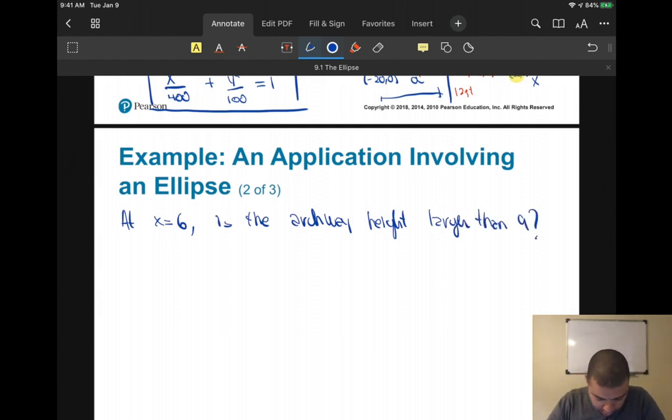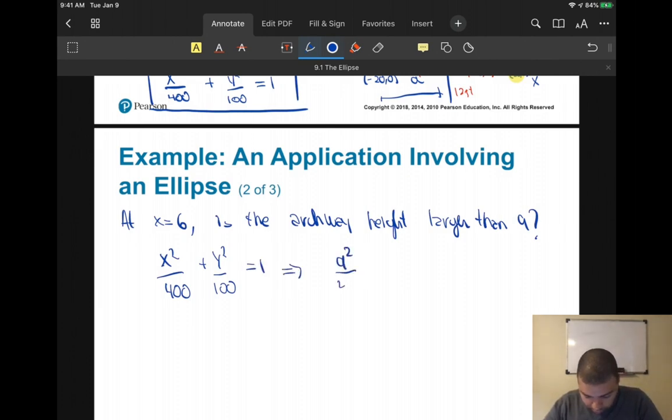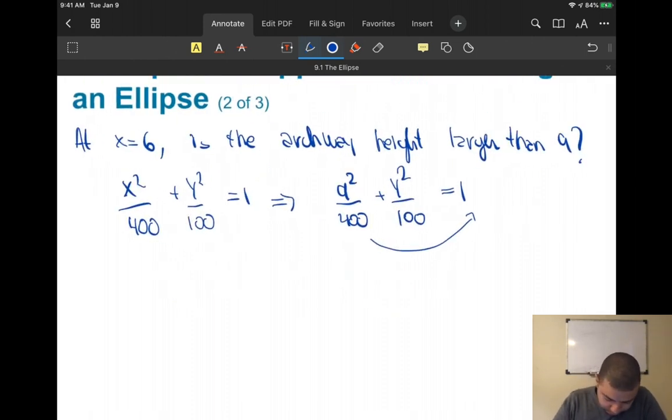So I'll take my equation and plug in x equals 6 and find out what y is, and that's going to be the height. That's 6 squared over 400 plus y squared over 100. I'll move this over to the other side. So y squared over 100 equals 1 minus 36 over 400.